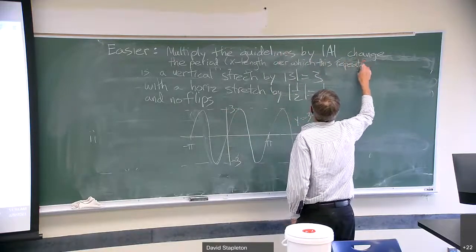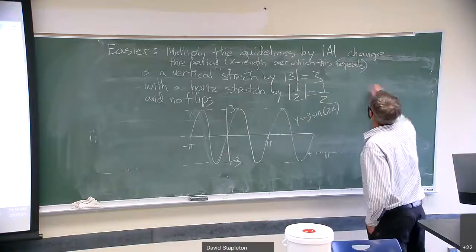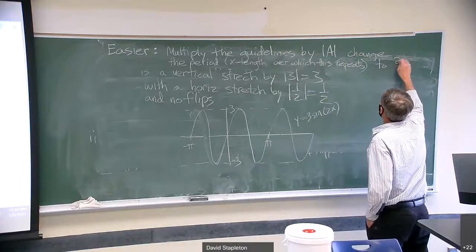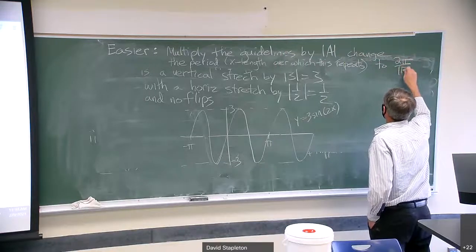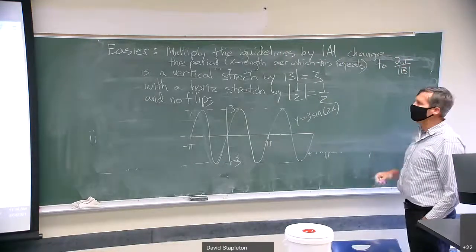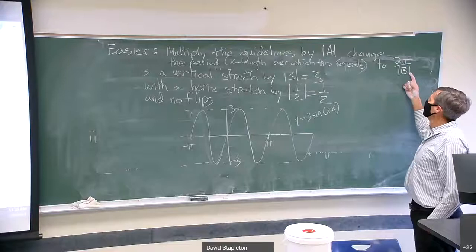It used to repeat every 2 pi radians. Now you change it to 2 pi over absolute value of b to accommodate that this graph is stretched by 1 over b.